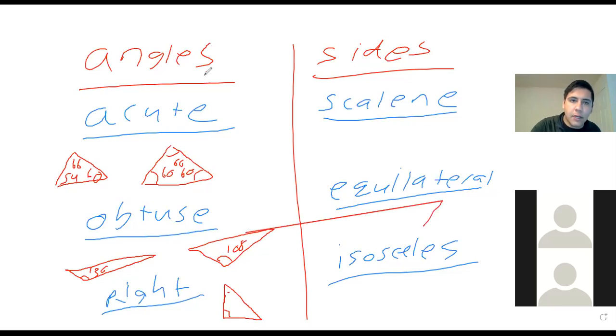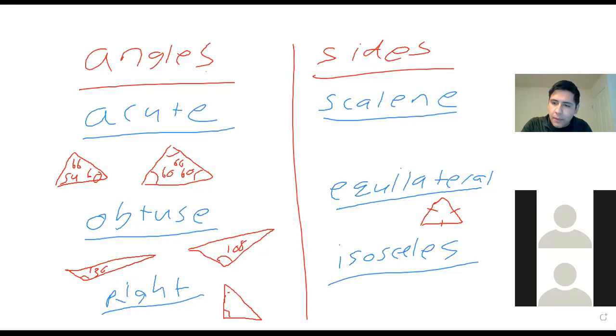An equilateral triangle has sides that are all the same. Lateral means the sides, and equi means the same, equal parts.